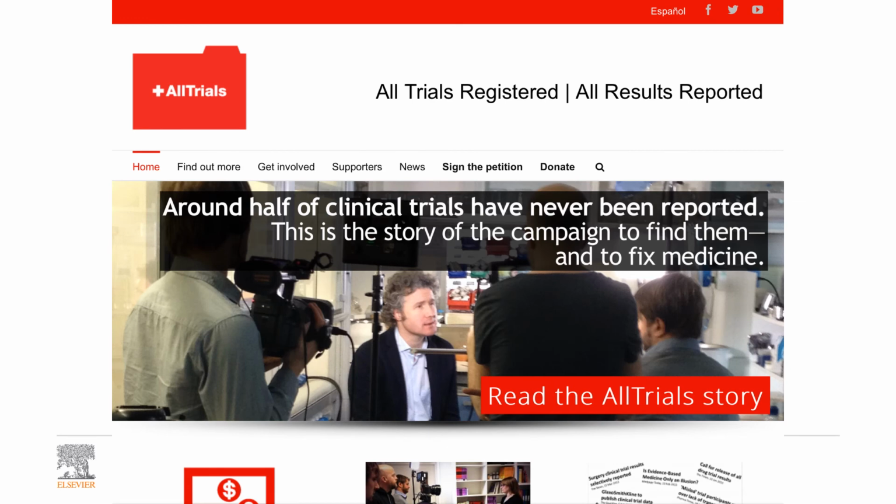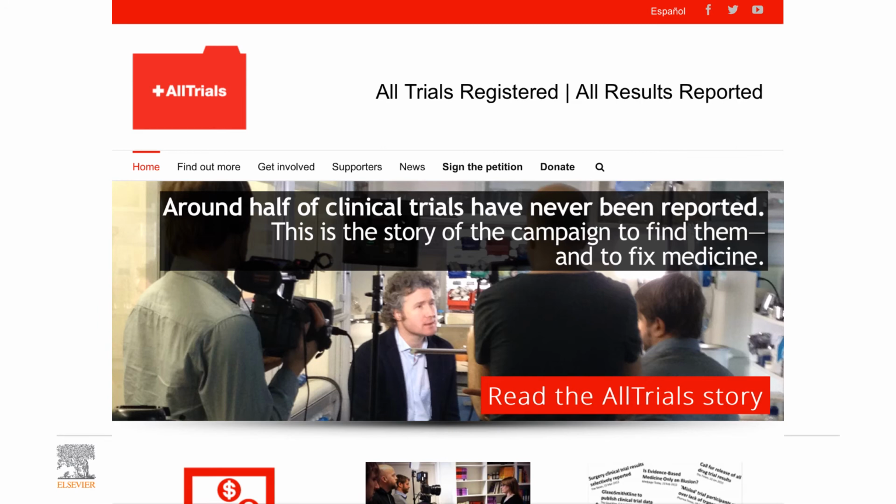Part of the CONSORT guidance is a request for a registration number, and this is concerned with the All Trials campaign, to which all good publishers and all good journals are signed up and support financially.